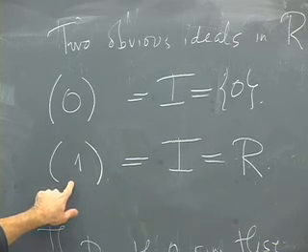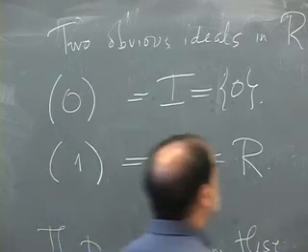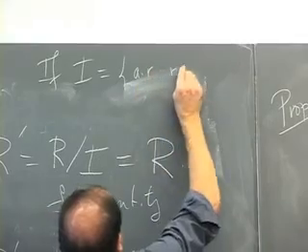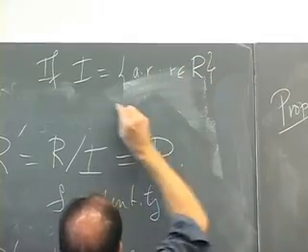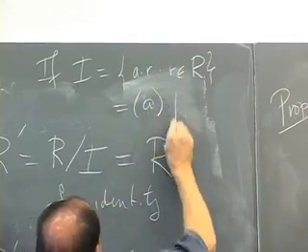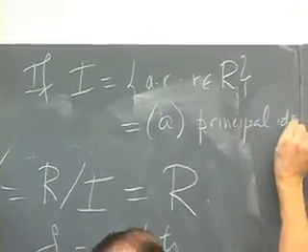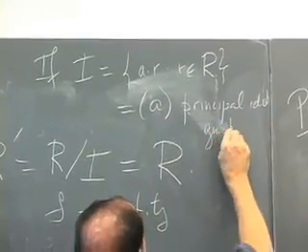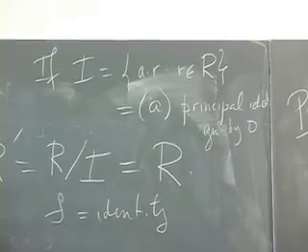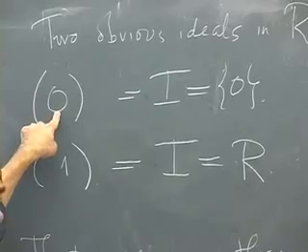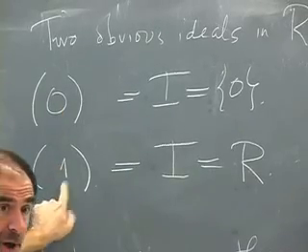Right, so the last time we had a notation for an ideal, if I consists of all multiples of A, we say it's a principal ideal generated by A. So these two natural ideals are both principal ideals. This is the principal ideal generated by 0. This is the principal ideal generated by 1.